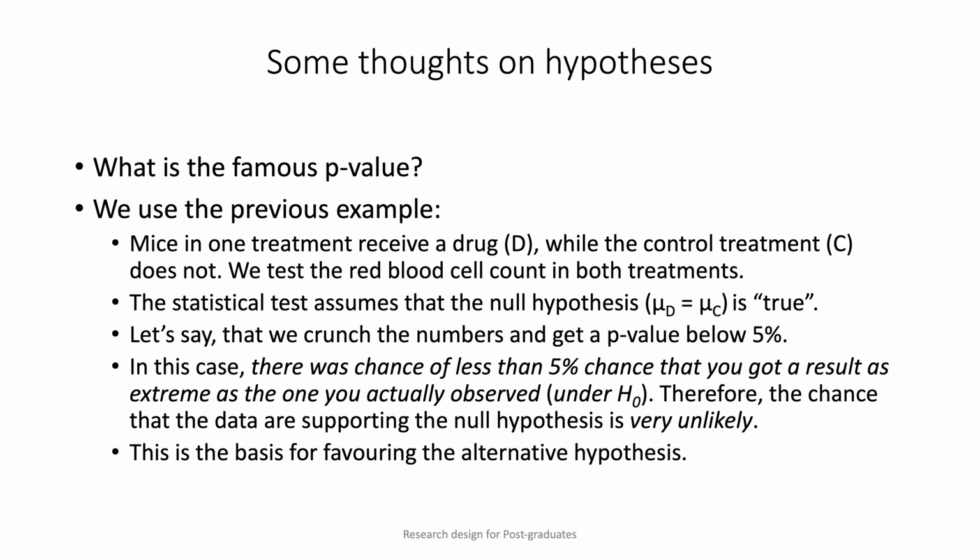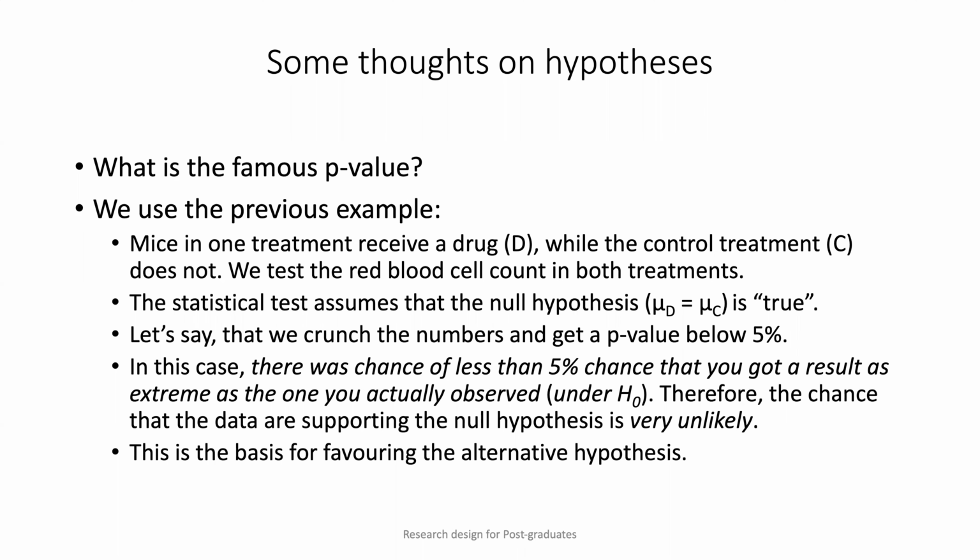What this basically means, and I'm going to read those three lines because it's easier that way, is that in this particular case, there was a chance of less than 5% that you got a result as extreme as the one you actually observed, given the null hypothesis.